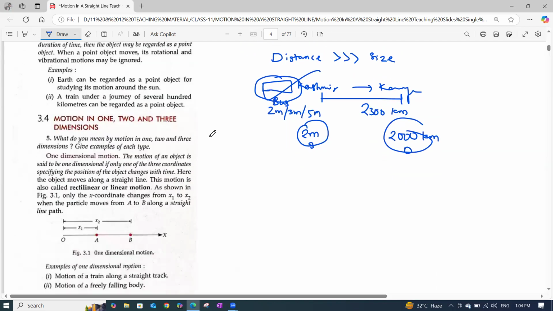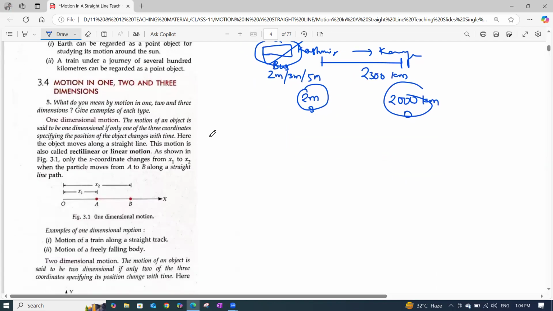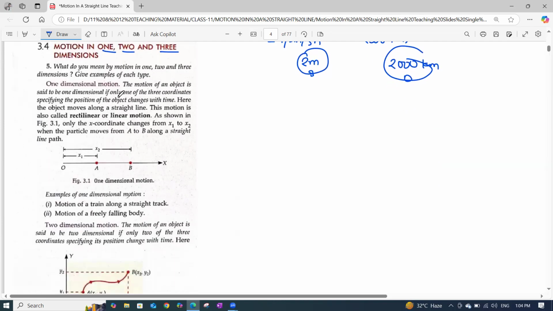Then moving to the fourth concept in this chapter, motion in one dimension, two dimension, and three dimension. What is meant by motion in one dimension? The motion of an object is said to be one dimension if only one of the three coordinates specifying the position changes. We know this is the origin.